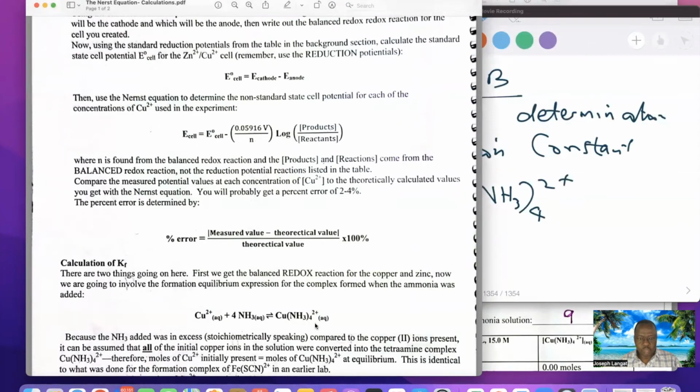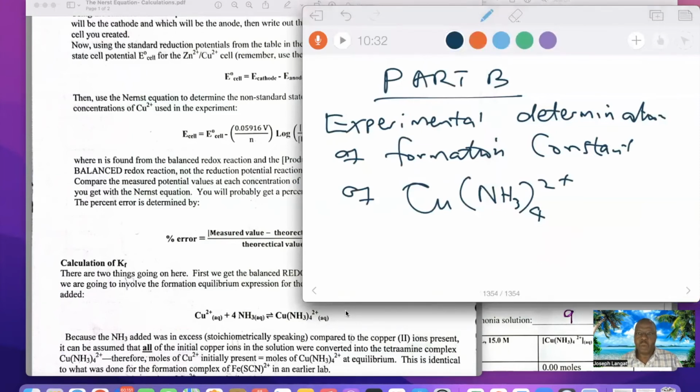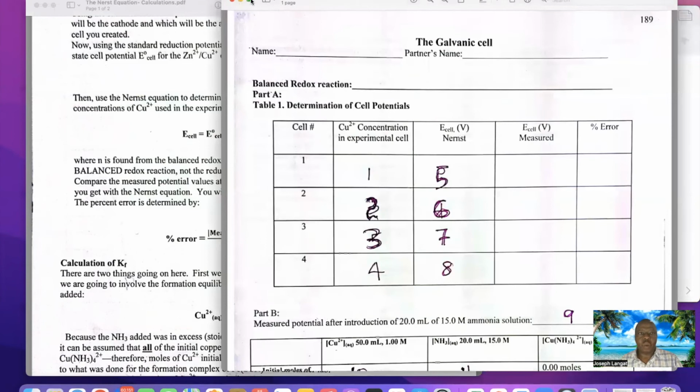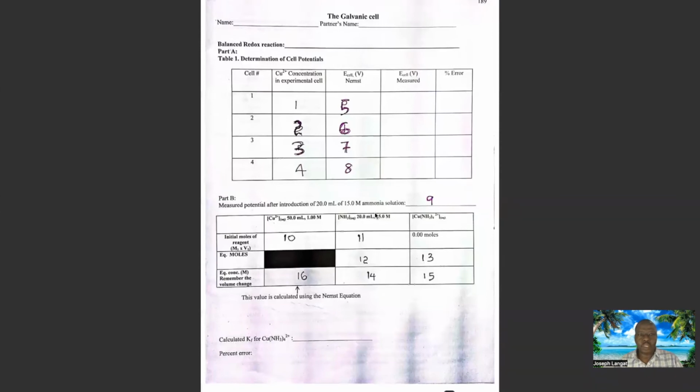Copper 2 complex with ammonia, the formation constant for that. And we will use the Nernst equation. Once you have the cell complete, take note of what you will measure: 20 ml of 15 molar ammonia. And be careful with this, it stinks a little bit. We always recommend that you add it in the fume hood to avoid ammonia fumes in the lab.